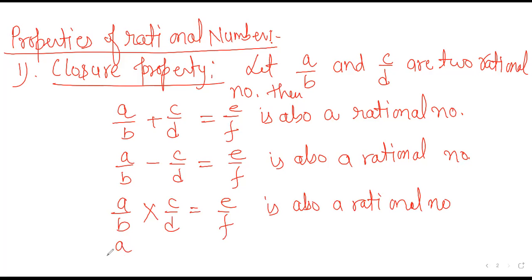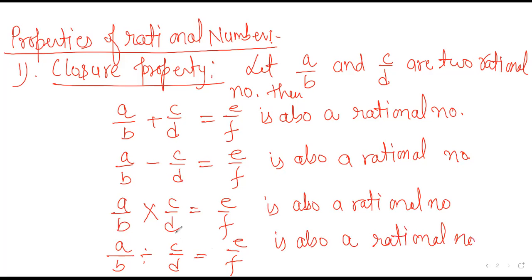And if you divide both the rational numbers, you will get e upon f, which is also a rational number. This shows that if we have any two rational numbers, the addition, subtraction, multiplication, division give us a number which is also a rational number. That means for rational numbers, this is closed.